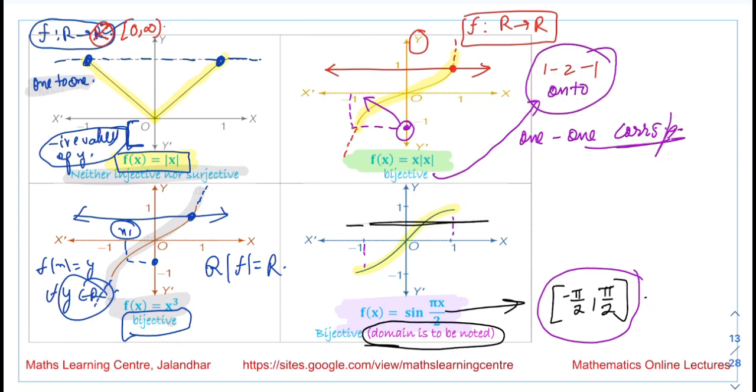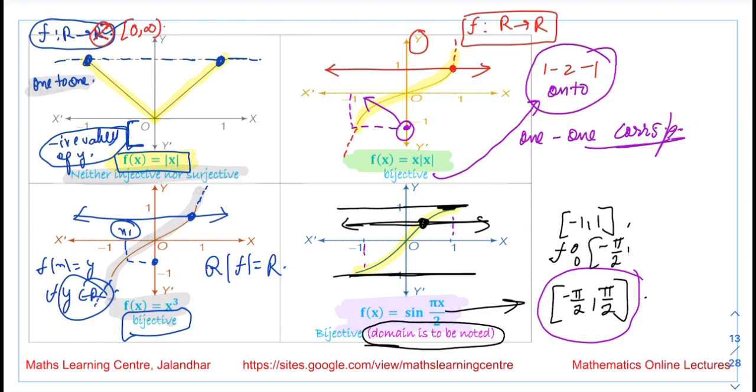If we draw a line parallel to the x-axis, it is intersecting the graph of this function at only one point. The second thing is, in this region, if we consider the range of this function to be −1 to 1, then this function f that is defined from −π/2 to π/2 to −1 to 1 is bijective.